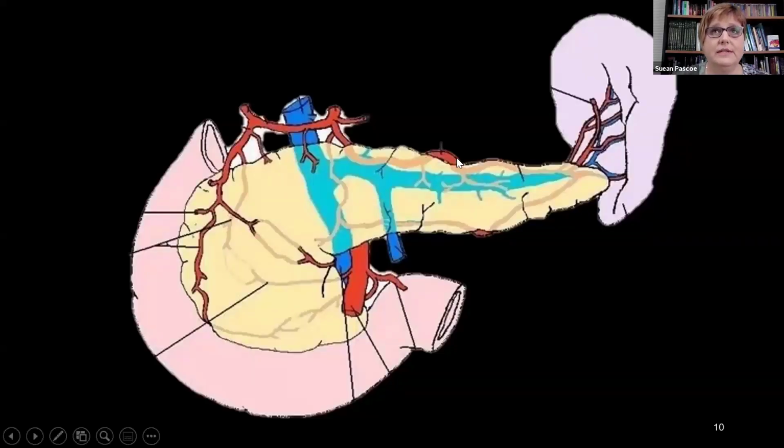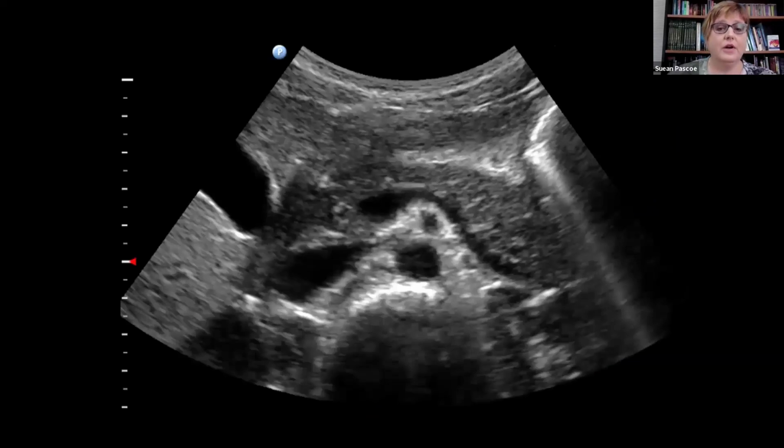On this see-through diagram, the IVC and aorta pass behind, but the superior mesenteric vein and the splenic vein are key landmarks in finding the pancreas and delineating the different parts of the anatomy. On this ultrasound cross-section, we're transverse in the epigastrium, and we find the aorta and the IVC, which are pretty easy.